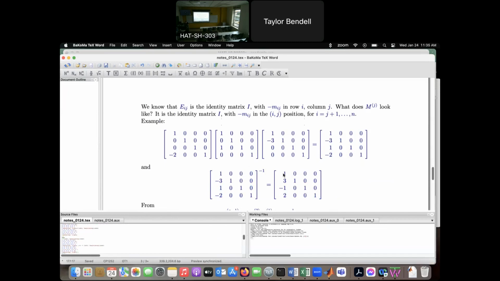So in fact, whatever matrix you use to eliminate all the entries below the diagonal in column J, the product of those matrices that perform those operations is a unit lower triangular matrix with the negative multipliers in column J. But the inverse of that has the multipliers themselves, not negated, in column J.